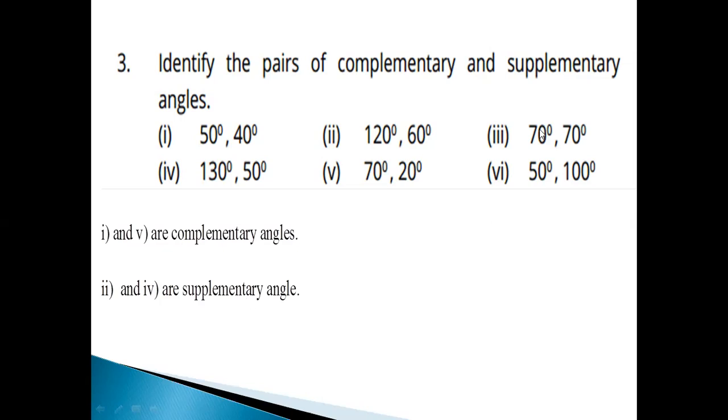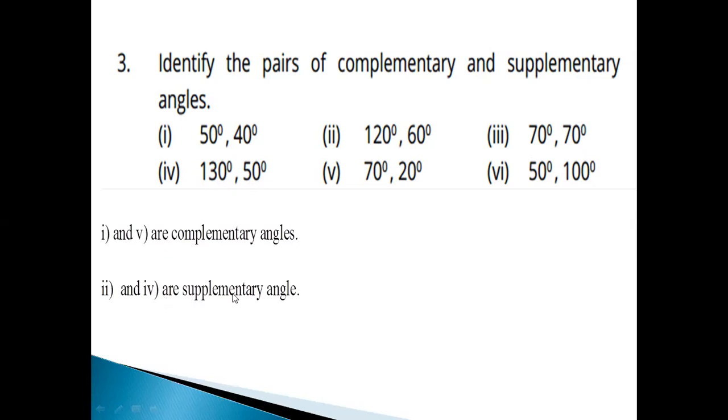Look at the third. Third is 70 plus 70, so 140. It's neither complementary nor supplementary, because its sum is not equal to 90 degrees and not equal to 180 degrees. Next, the fourth part, 130 plus 50, you add them, so you get 180 degrees.